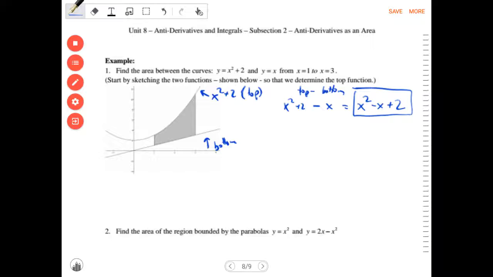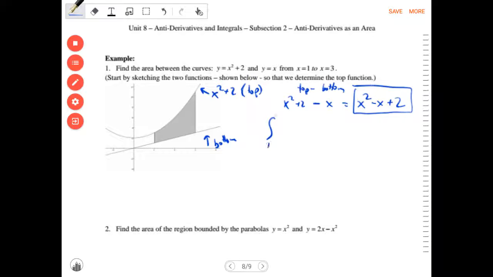If I take the integral of that down to the x-axis, that gives us the same area as evaluating both of them and then subtracting. Exactly the same thing, so you can do it that way if you really want, but I think this one is easier because you only have to do one integral. So the integral from 1 to 3 of x squared minus x plus 2 dx.